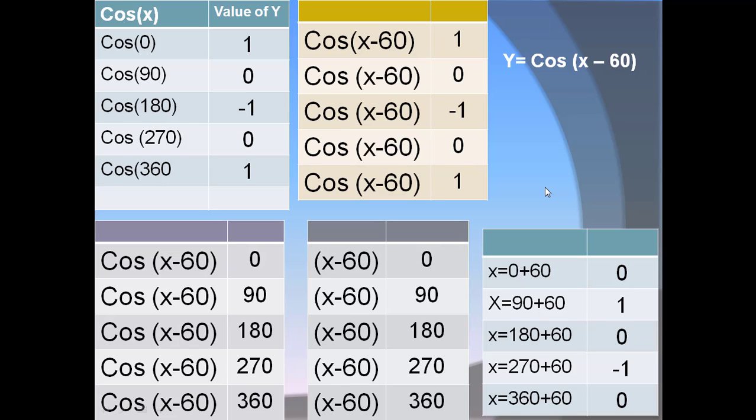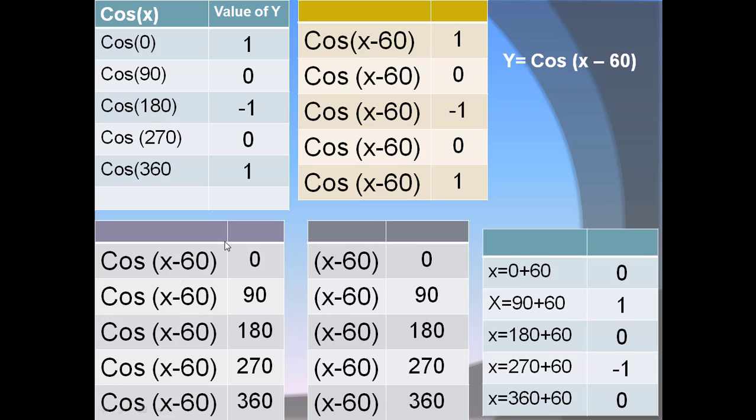As for cos, remember cos 0 is 1, cos 90 is 0, cos 180 is minus 1, cos 270 is 0, cos 360 is 1. Because the question is cos (x minus 60), all of these values must be copied to here. After that, we can agree that cos (x minus 60) equal to 0, 90, 180, 270, 360.